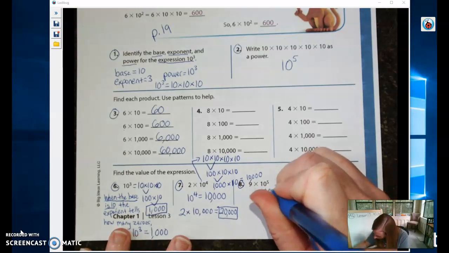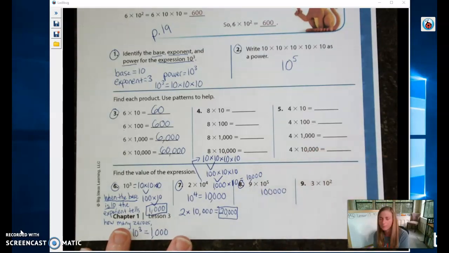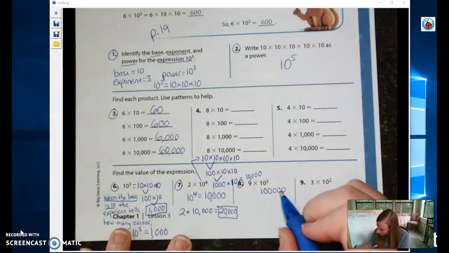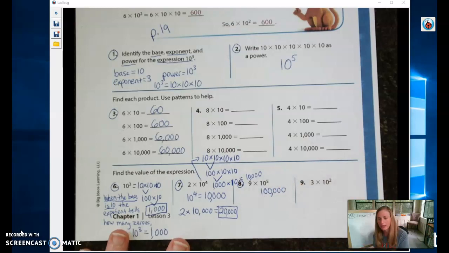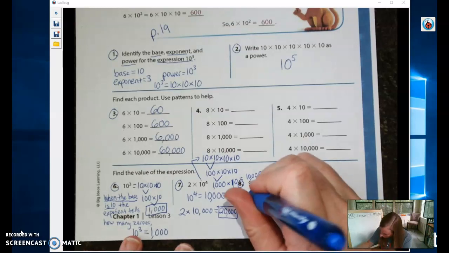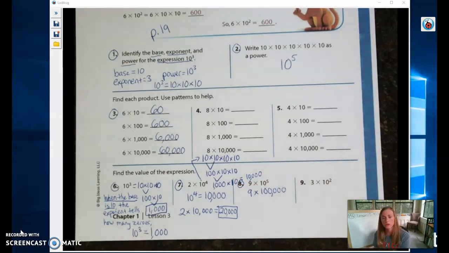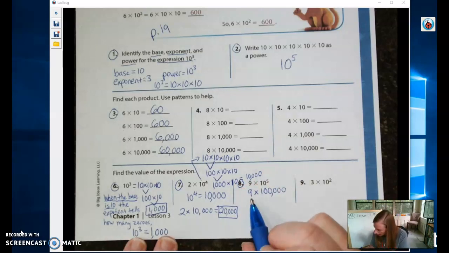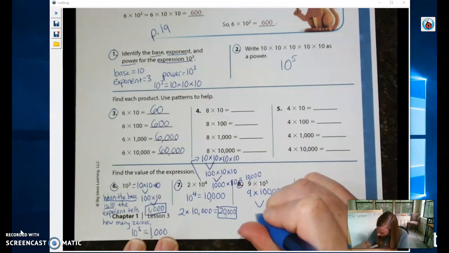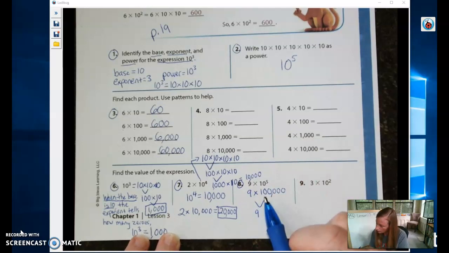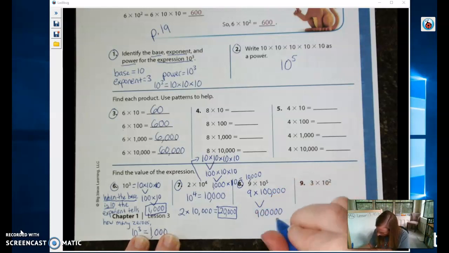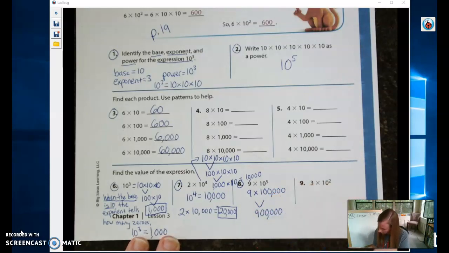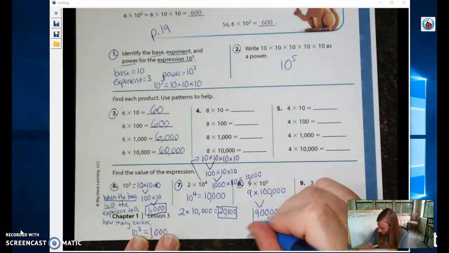So 1, 2, 3, 4, 5. We have to put our comma in over the hill. It goes right in there. So 100,000. Now we're going to go 9 times 100,000. So 9 times 1 gives us 9. We have 1, 2, 3, 4, 5 zeros to put after our 9. Over the hill, so 900,000.